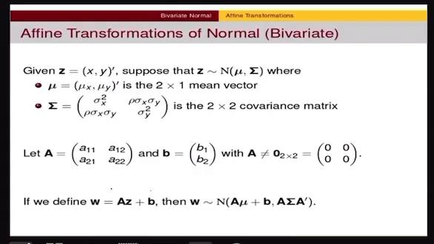Now, I want you to consider this. Please pay attention. I have a matrix A and I have a matrix B. Maybe Z follows a normal distribution, and I need A and B. Take a look at what I have. This is Z, and W is defined from it.